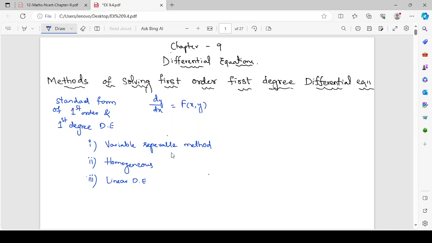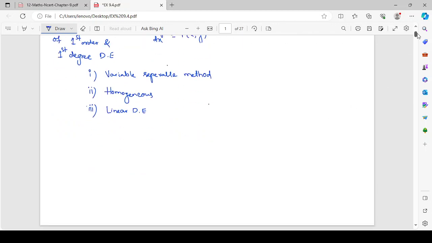Before entering into the exercise, let me brief you about the variable separable method. The name itself says variable separable, meaning you are separating the variables. How is that possible? Let's see. So, first one, variable separable method.